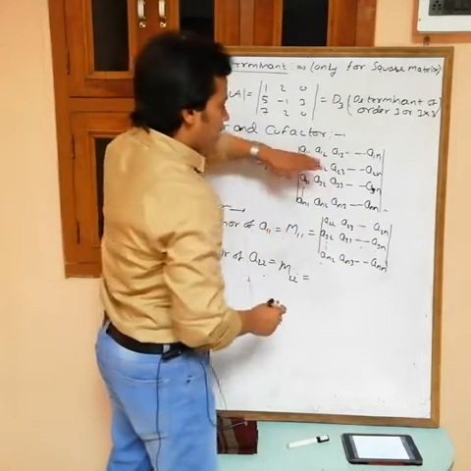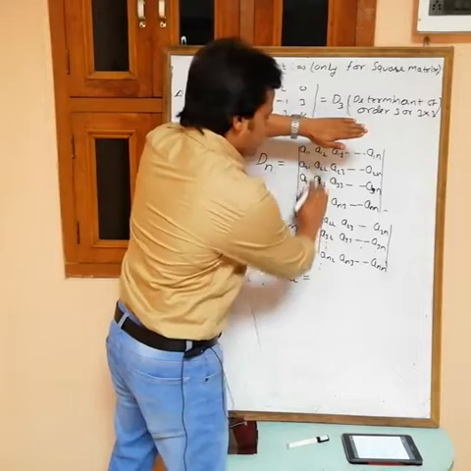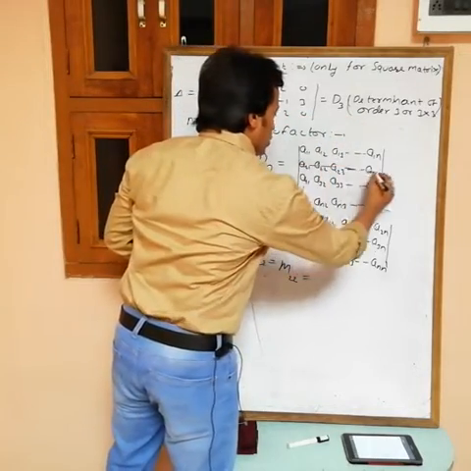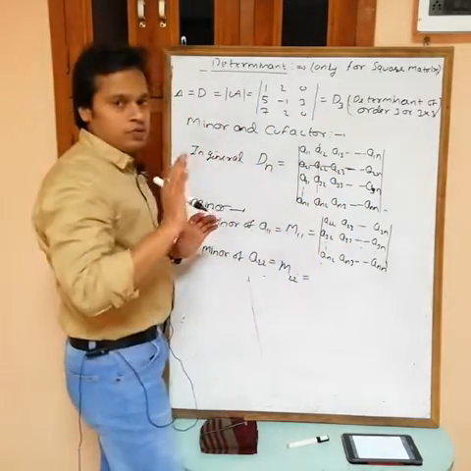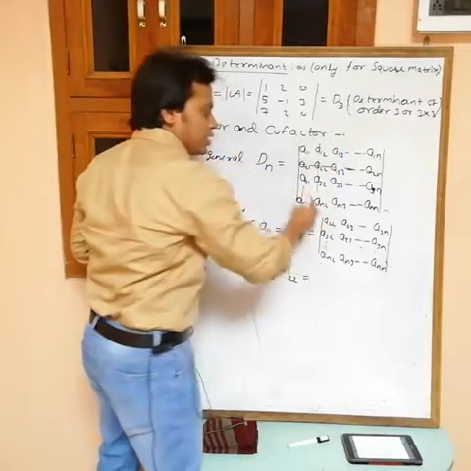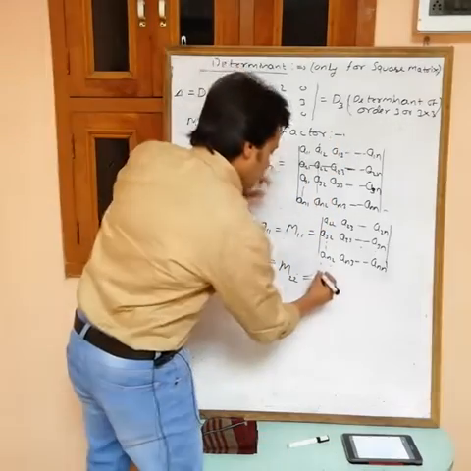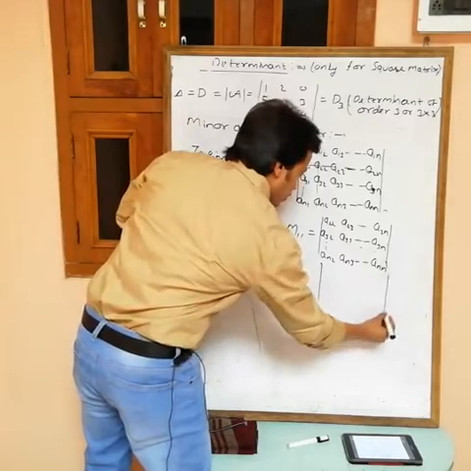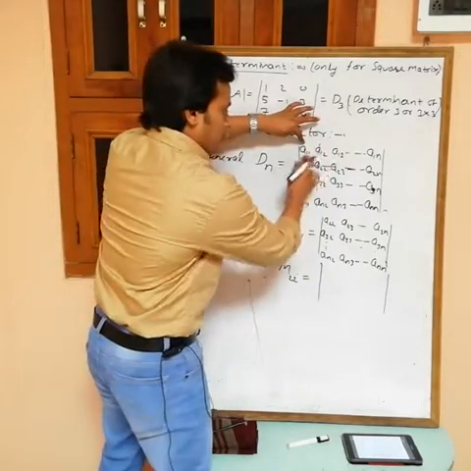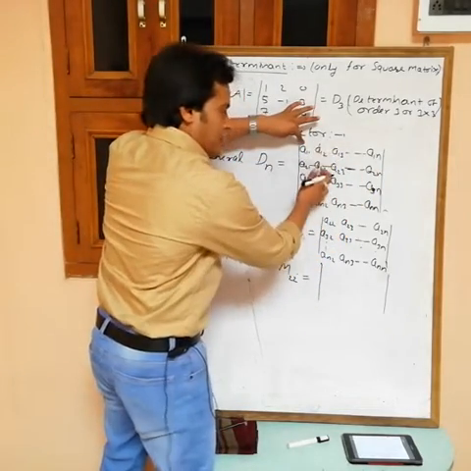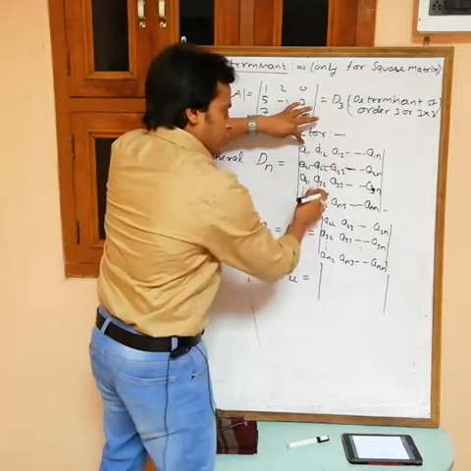It means I have to hide the second row and second column, this one and this one, and make the determinant of the remaining elements. We have to hide the second row and second column, because A22 lies in the second row and second column.